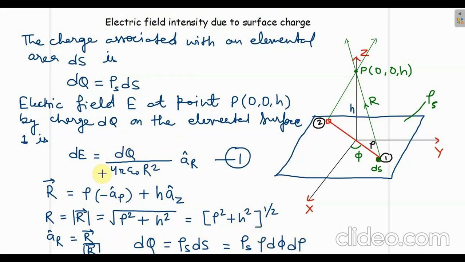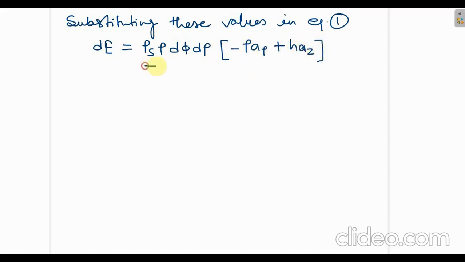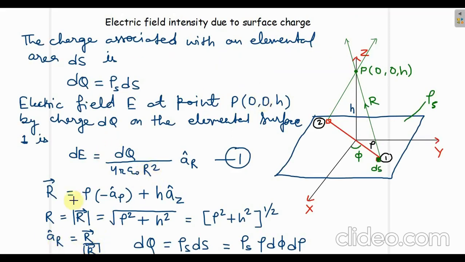So by substituting all these into equation 1, your dE will be rho s rho d phi d rho times minus rho a rho plus h a z, upon 4 pi epsilon naught, and in place of r square it is now r cube, because previously it was r square, but after putting a r as r upon r there is one more power of r in the denominator.